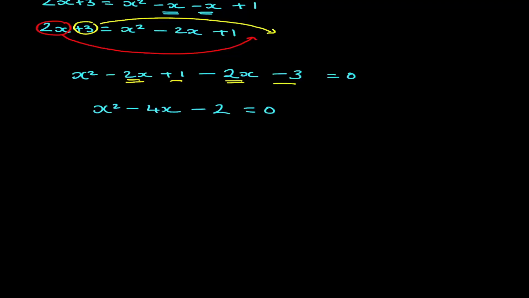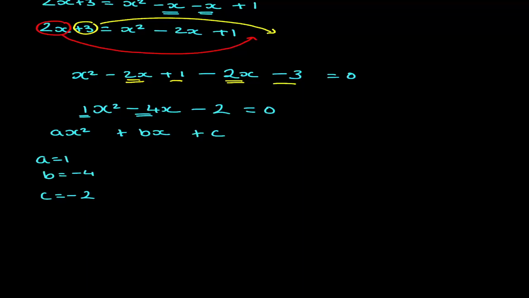So remember, any quadratic could be rewritten in this form, ax squared plus bx plus c, and let's write out what the values of a, b, and c are. In this case, a is 1, because there's a 1 over here, b is negative 4, c is negative 2.